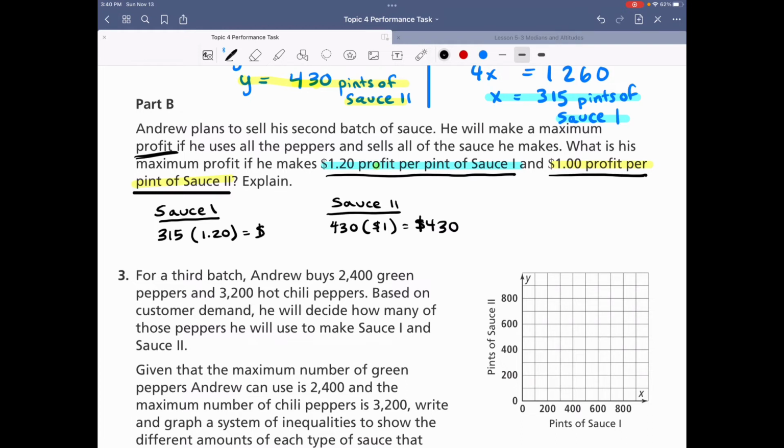And let me get my calculator for this one. 315 times $1.20 is $378. Now if we add those together, we get a total profit of $808.